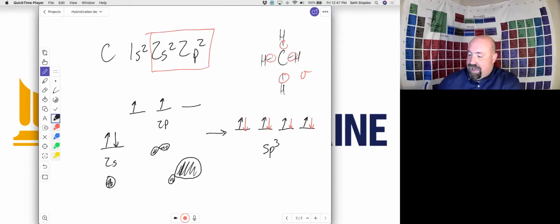And then, if this is our carbon here, there's one of the sp3s, and then hydrogen comes in with just its s orbital and forms that overlap. This overlap here would be those 2 electrons forming the bond.